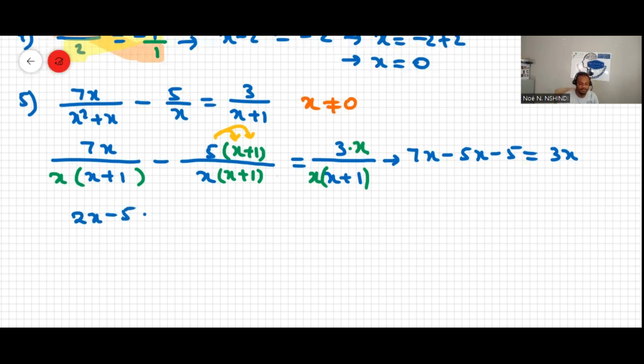So 2x minus 5 equals 3x. And if I move the 2x over, we'll have -5 equal to 3x minus 2x, which means -5 equals x, or just x equals -5. Anyway, the value of x is -5.